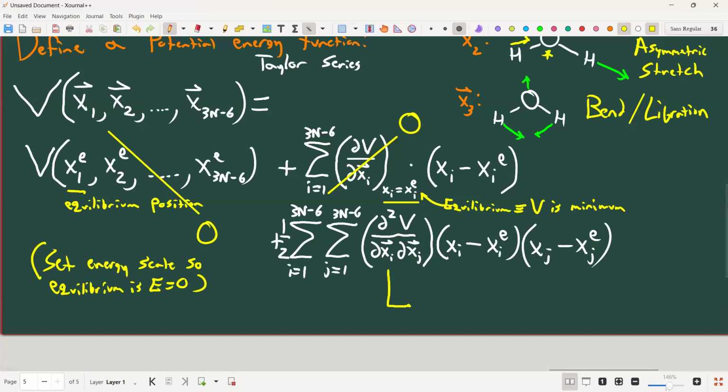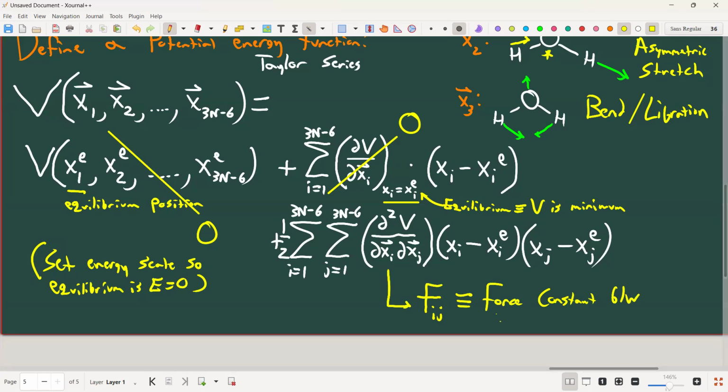So we're going to call this term right here Fij, which is called the force constant between i and j coordinates. Remember that we're at a minimum, so the second derivative is a positive number.